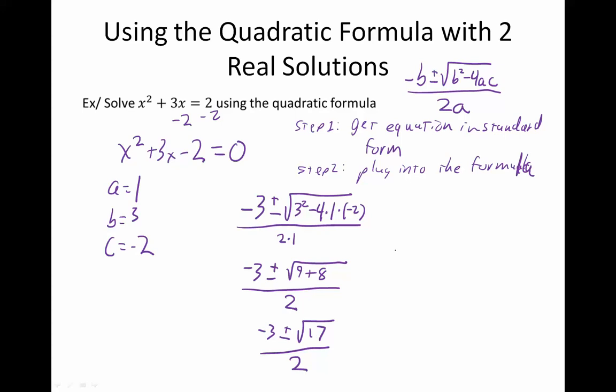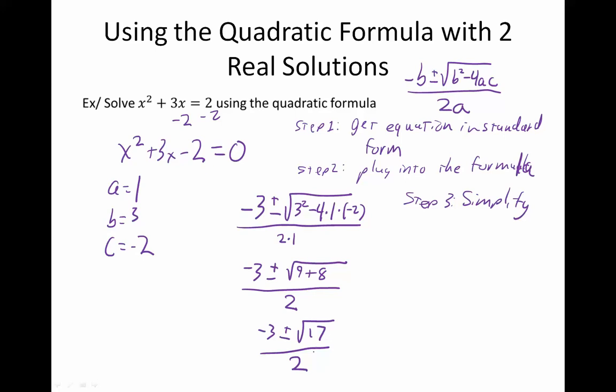And now we just need to check to simplify, right? That's kind of our last step. We need to make sure that the radical has been simplified, and then if there's anything that needs to be canceled out. So with -3, 2, and 1, there's nothing that can be canceled there. Root 17. 17 is a prime number.